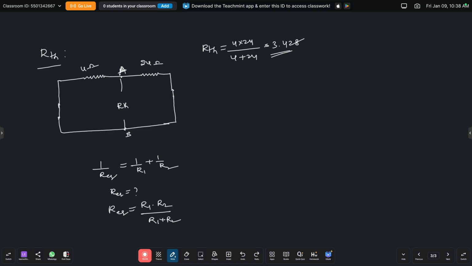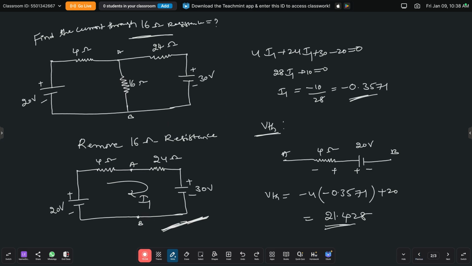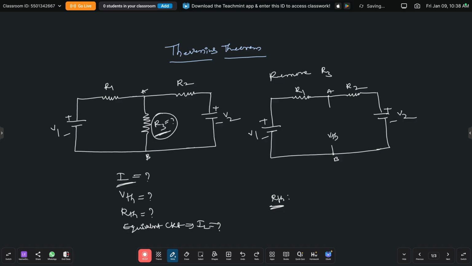After this we draw the equivalent circuit. To draw the equivalent circuit, just remember once again the statement of Thevenin's theorem. Thevenin's theorem states that any linear bilateral network consisting of several resistances and voltage sources can be replaced by a single voltage source in series with a single resistance connected across the load.